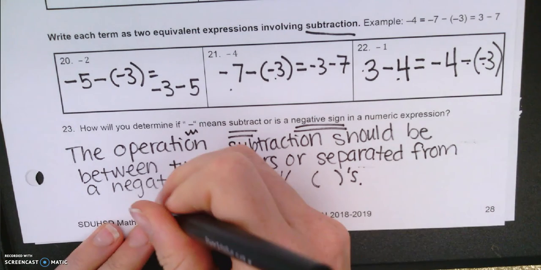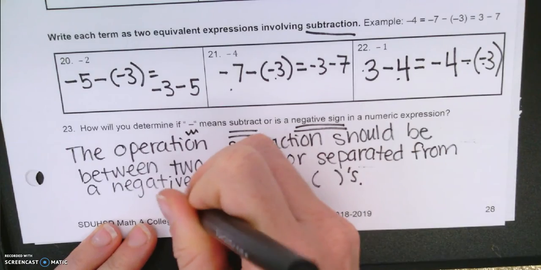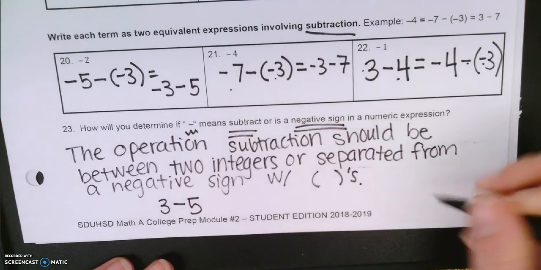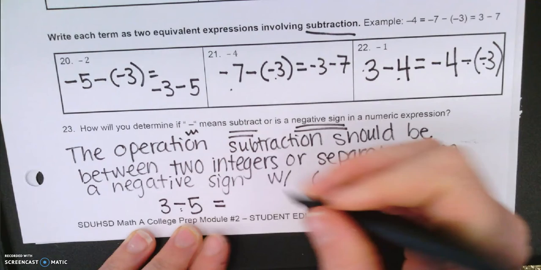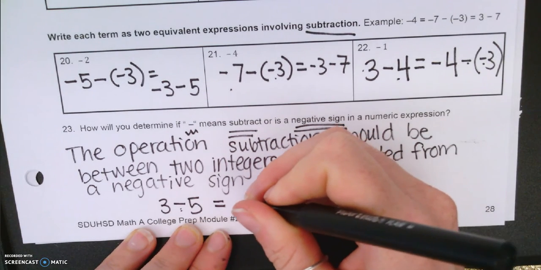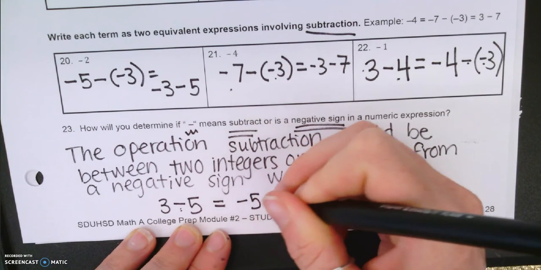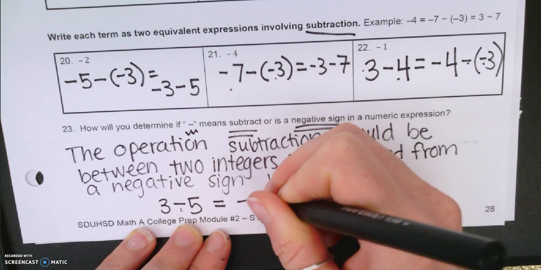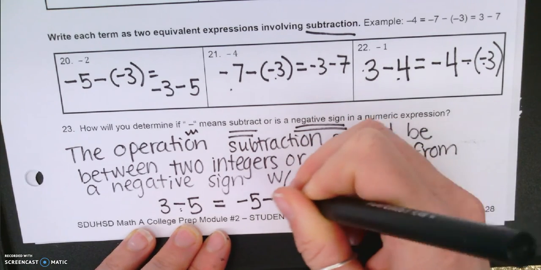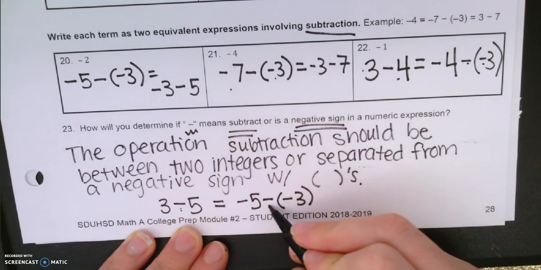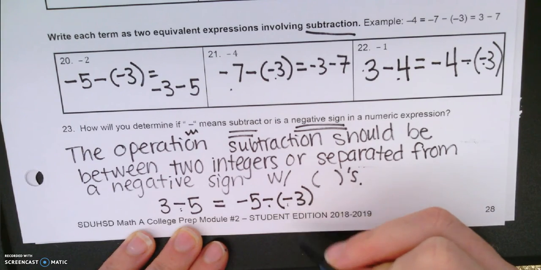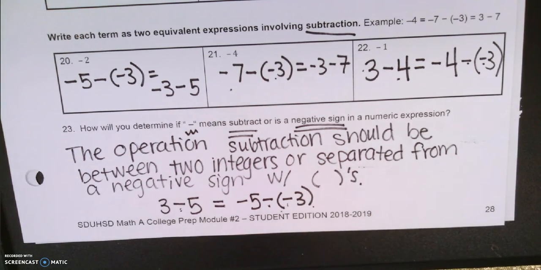For example, 3 minus 5. This is a subtraction symbol. It's equal to -5 minus -3, where this is still a subtraction symbol and it's separated from the negative symbol with parentheses.